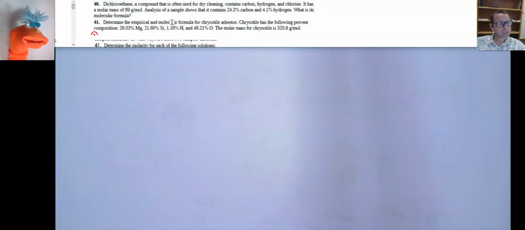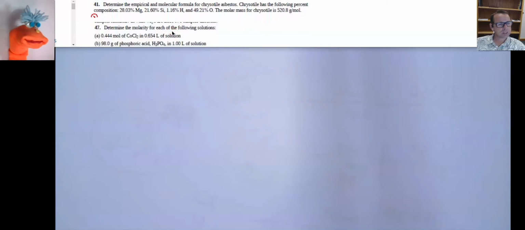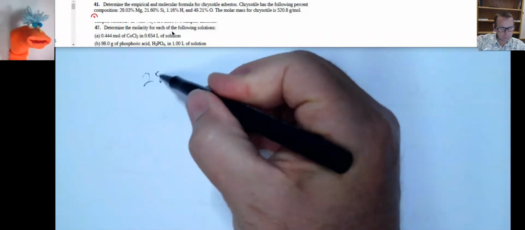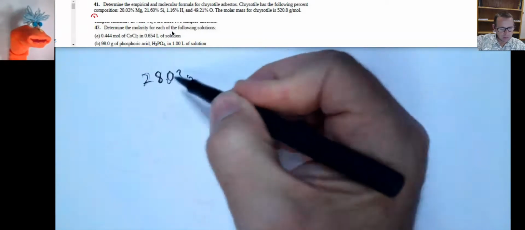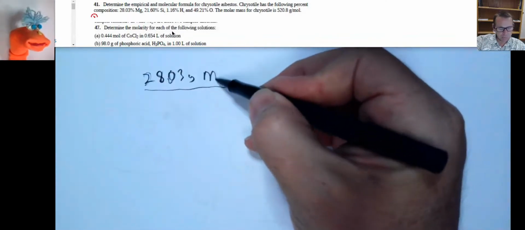Determine the empirical and molecular formula for chrysotile asbestos. It has the following percent composition. Want to read them off to me? 28.03. And I'm just going to say grams because I'm going to pretend like we have a 100-gram sample, okay? What is that stuff? Magnesium.